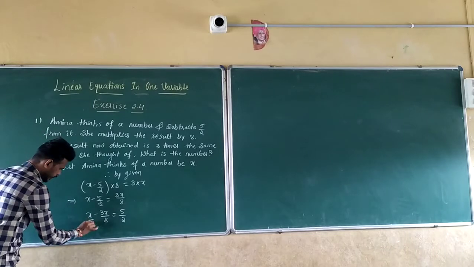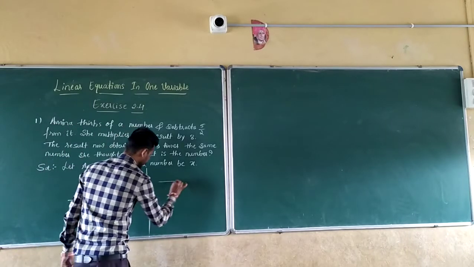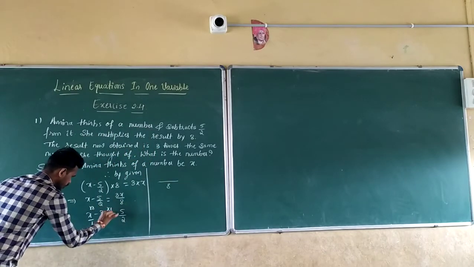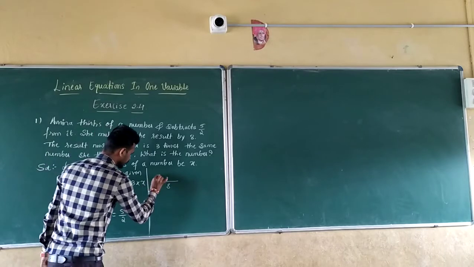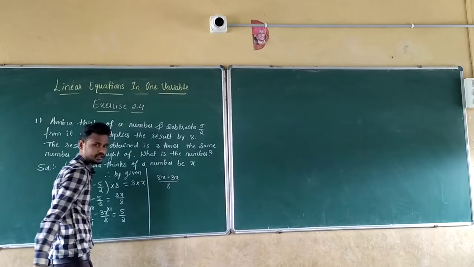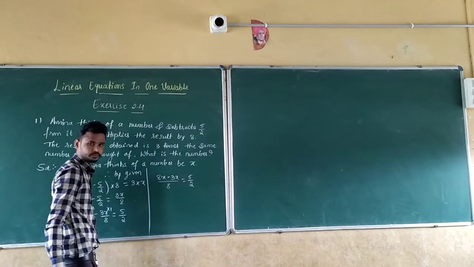So now what is the LCM here? LCM is 8. So 8 into x, 8x minus 3x into 1, 3x, equals 5 by 2.